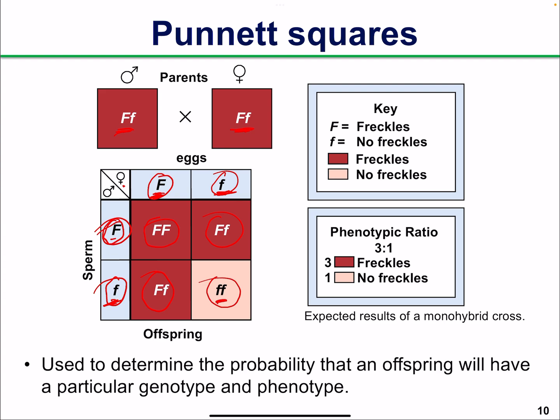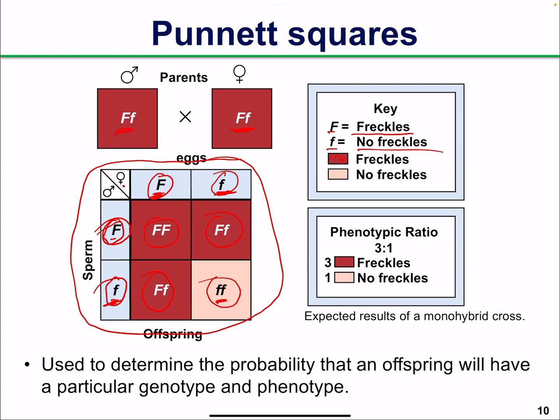So now, with that said, this right here is our Punnett square. Remember, capital F produces freckles, lowercase f, no freckles. When the square is shaded like this, it's freckles.